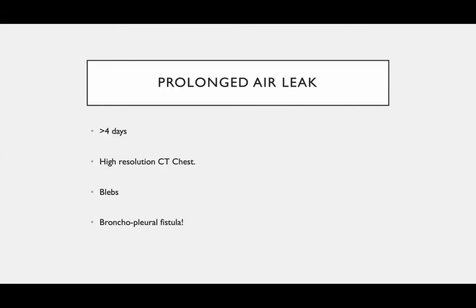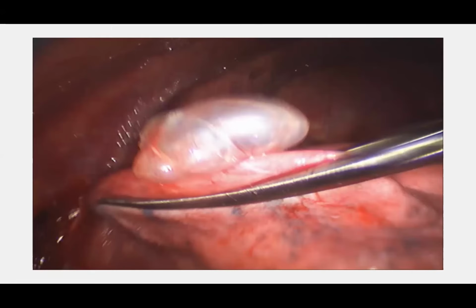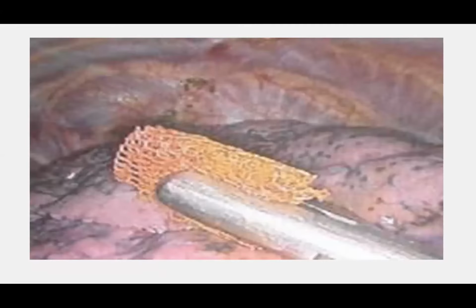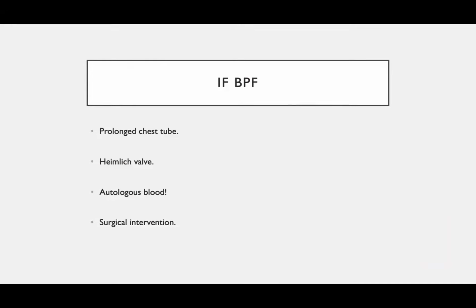So simply, if your patient is having prolonged air leak and he has a blip, okay, you can just go and prepare him for thoracoscopic exploration. You can find the blip and tackle it, and you can simply do a pleurodesis. What is bronchopleural fistula?